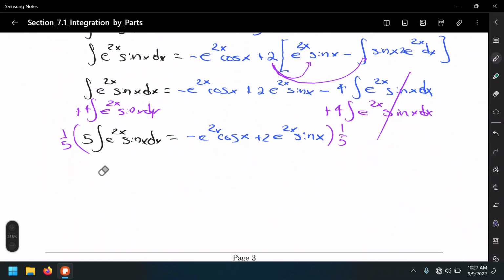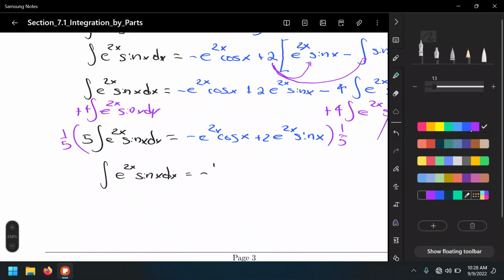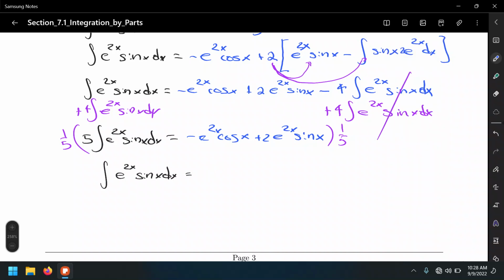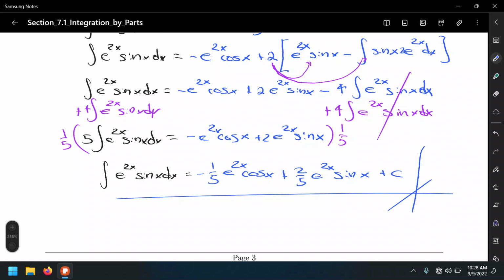So the integral of e^(2x) sin x dx equals, when we distribute 1/5, negative 1/5 e^(2x) cos x plus 1/5 times 2, that's 2/5 e^(2x) sin x, and this is where we put the plus C. Alright?